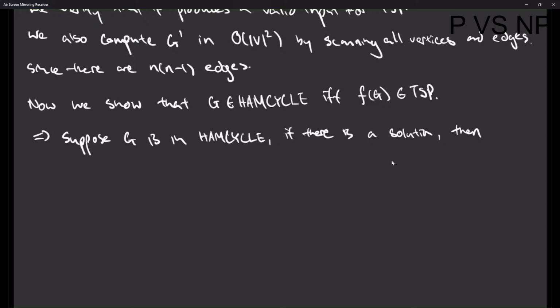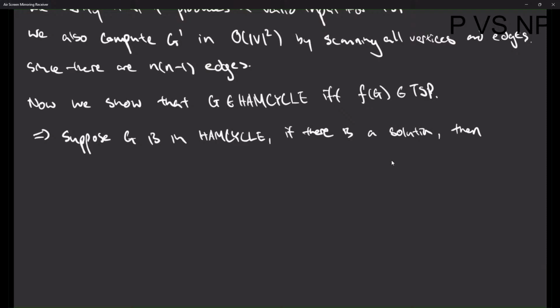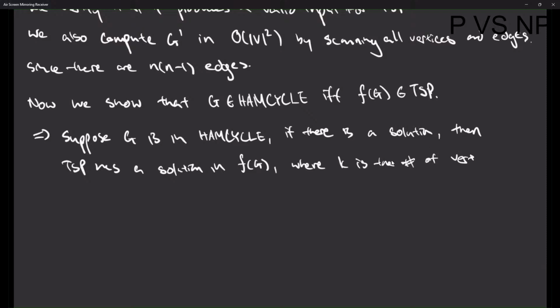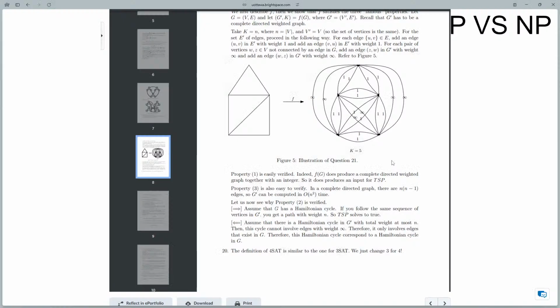Then TSP has a solution in f of G where K is the number of vertices, right?